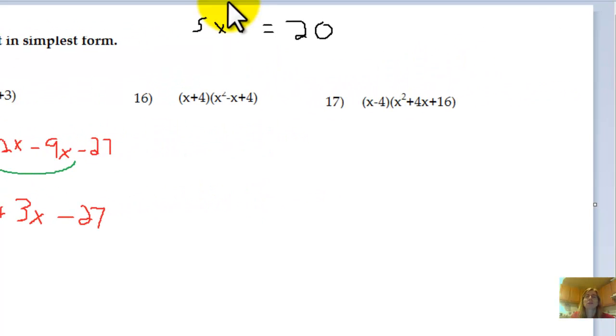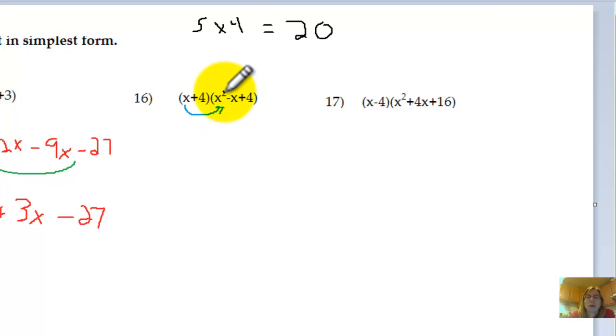And this one here is a little different. We do have an x to the 2 right there. With this kind of FOIL method, it gets a little trickier, but it's still the same. We're going to multiply this x times this. Let's first multiply the x times each of these terms.